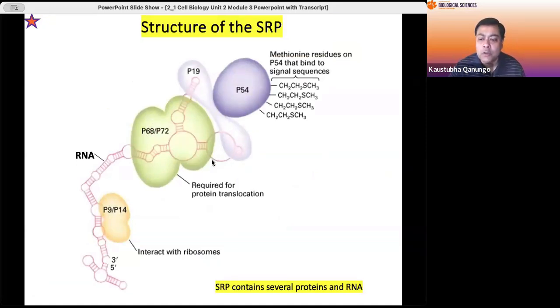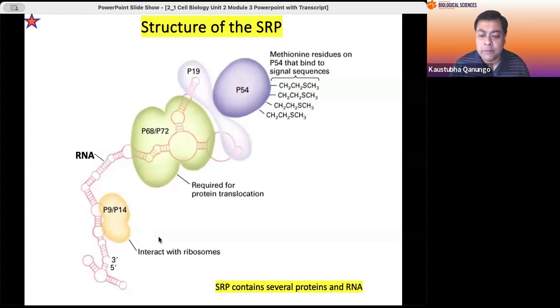Say, for example, the structure of SRP contains several proteins and RNA. You do not have to memorize these P54, P19, these numbers. These just denote that these are different protein subunits, and these are the molecular weights. And you can see that there is an RNA with a secondary structure, 5' to 3'. The RNA is single-stranded, but it forms a secondary structure and looks like it is double-stranded, but it is not.